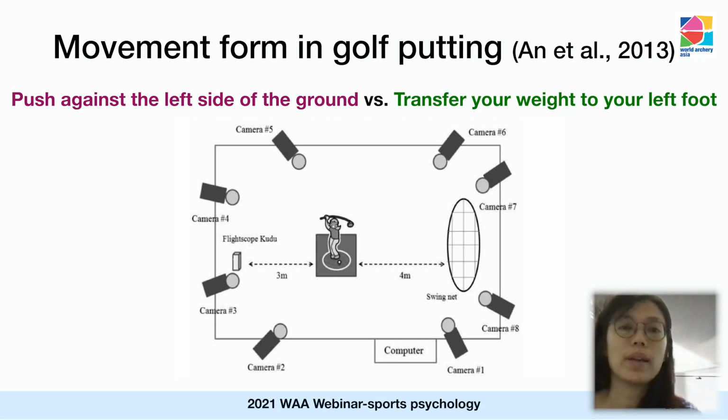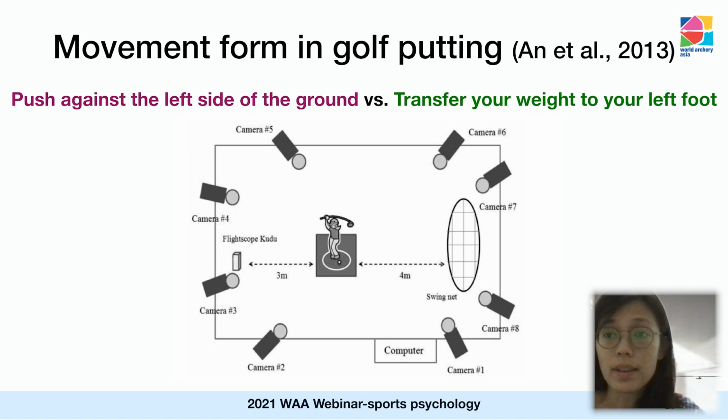Now let's look at the movement, the coordination of the movement. So this is the angle between the shoulders and the pelvis. So the greater the angle, the greater the rotation, which is a typical index to evaluate the movement.